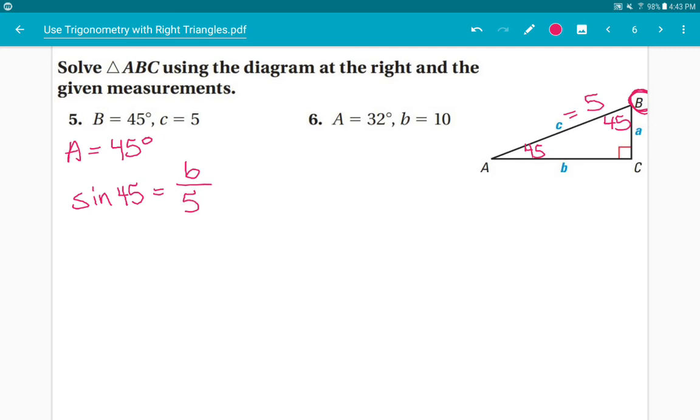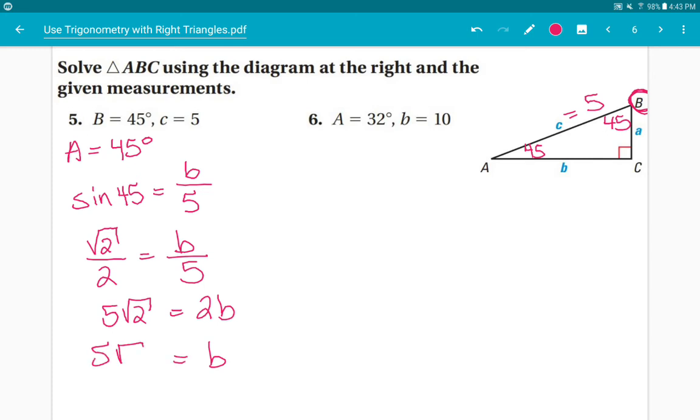Based on the chart, the sine of 45 is radical 2 over 2. Now I can solve for b by cross multiplying. That's going to give me 5 radical 2 equals 2b. b is going to be equal to 5 radical 2 over 2. That can't be simplified, so there's your b value.